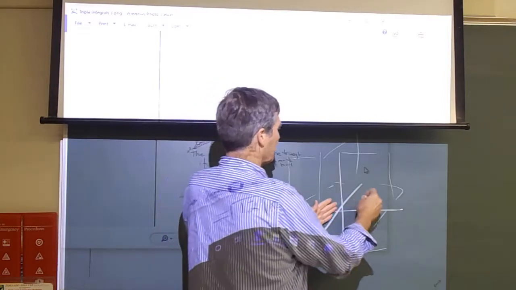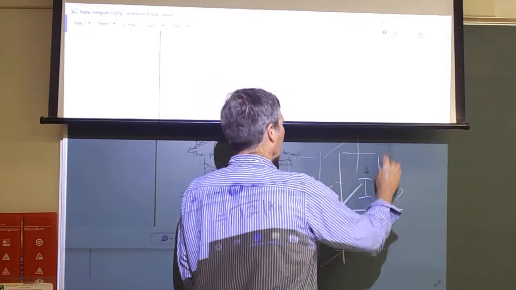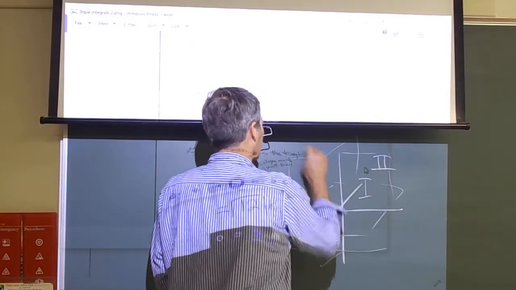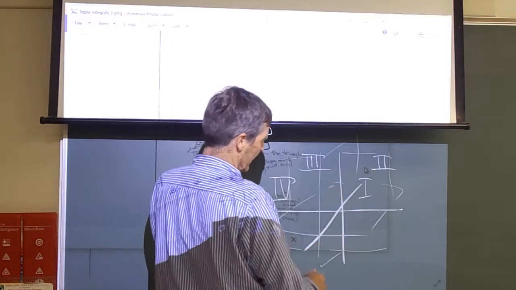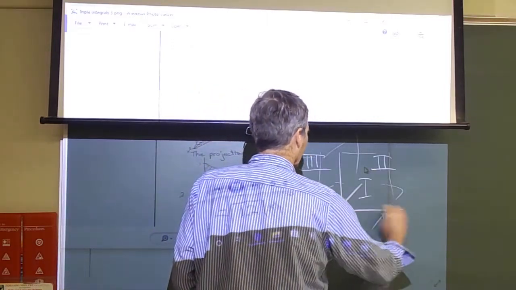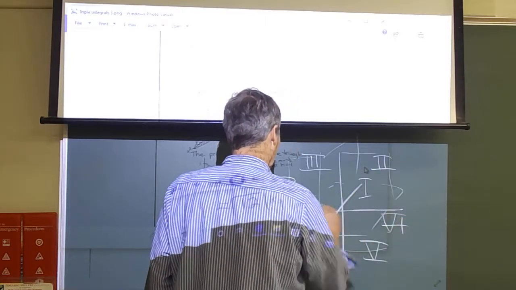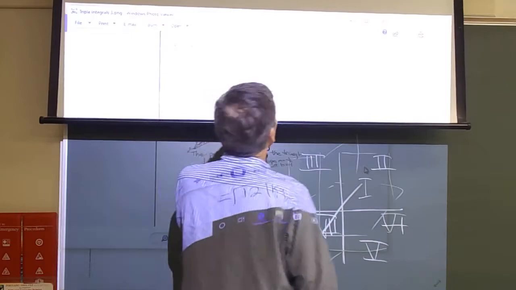And if you're in this first part here, where all 3 coordinates are positive, there's octant 1, and octant 2 is back here, octant 3 is back here, octant 4 is up here, all above the xy plane, with octant 5 down here, 6 down here, 7 down here, and 8 down here, in that order. All right.